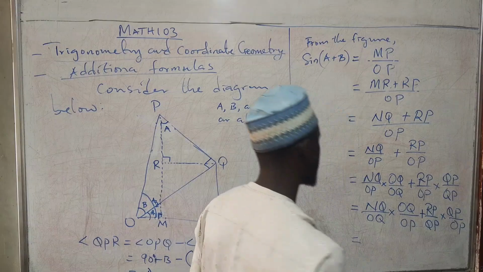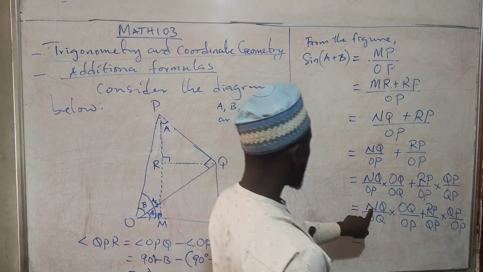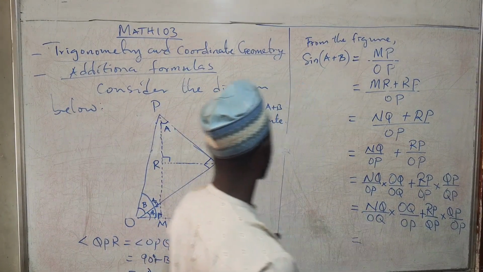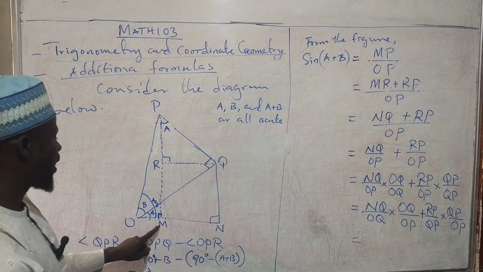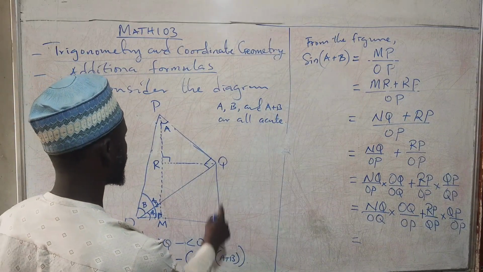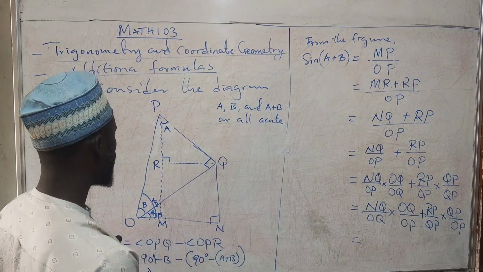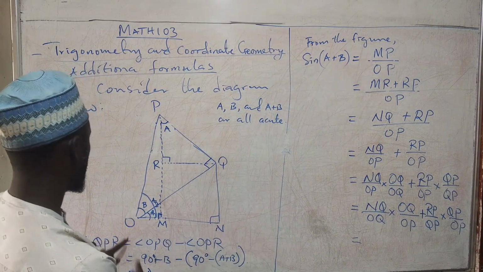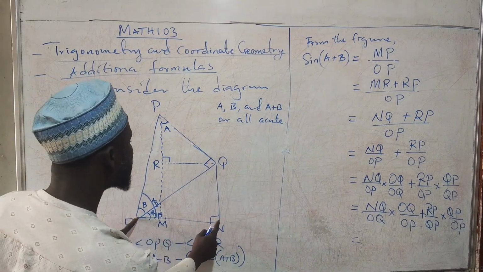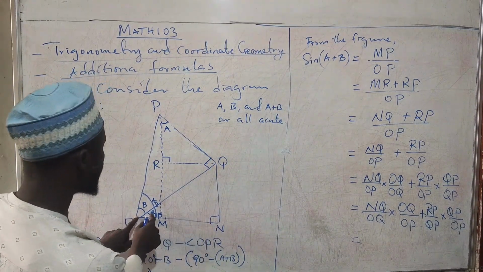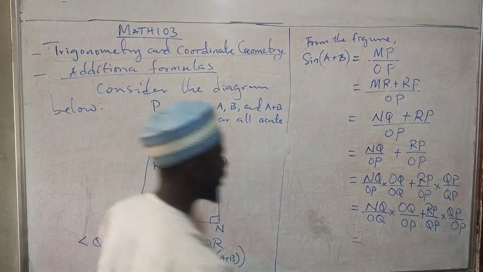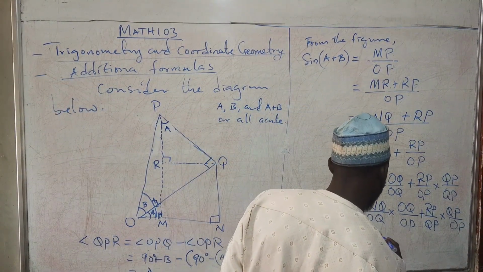But what is this? Now NQ over OQ is what? So I have NQ over OQ. That is opposite over hypotenuse of A. But that is sine A. So that is sine A.